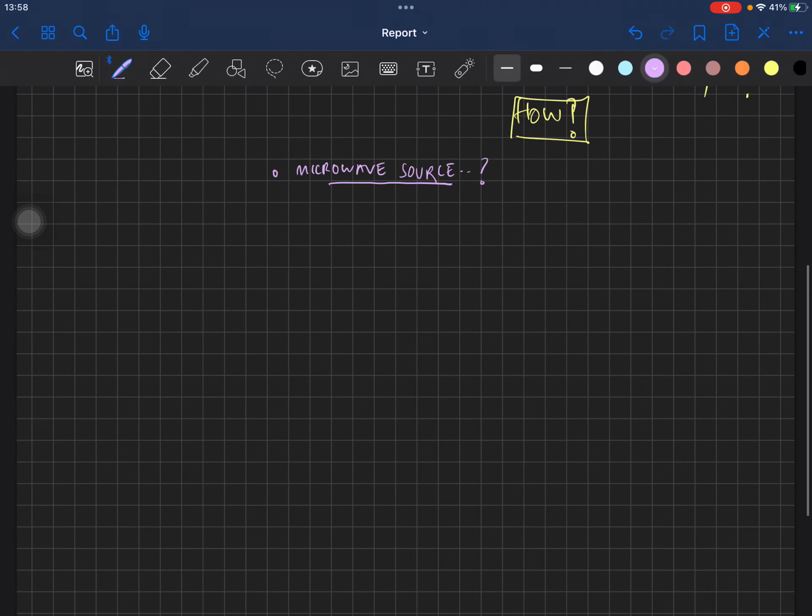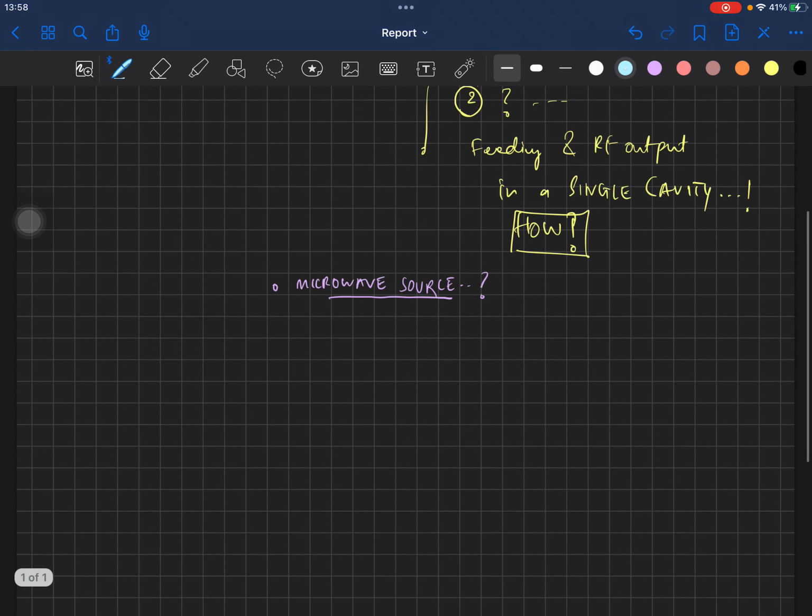You have something like an antenna. I won't use the terminology of antenna. I'll just use it as an AC circuit. Okay, an AC circuit. This is the cavity region.